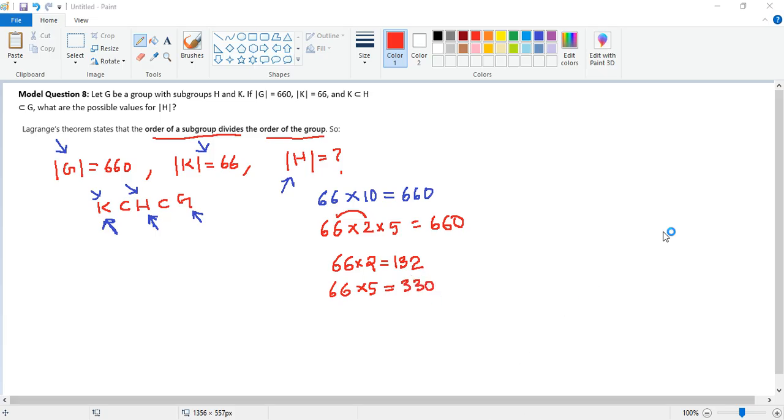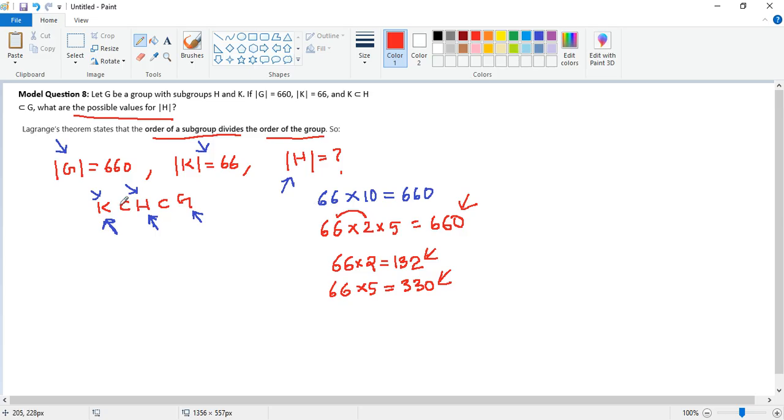Let me just check: 66 times 5 is 330. Okay, so these are the only possible multiples of 66 which can divide 660 as well, and so those are the possible values of H.